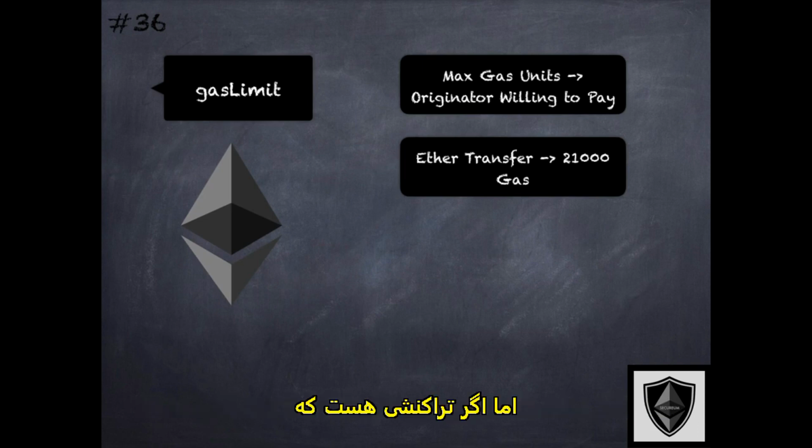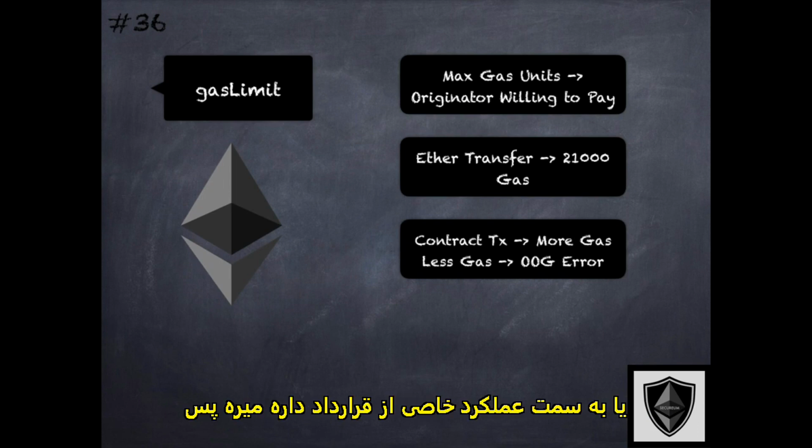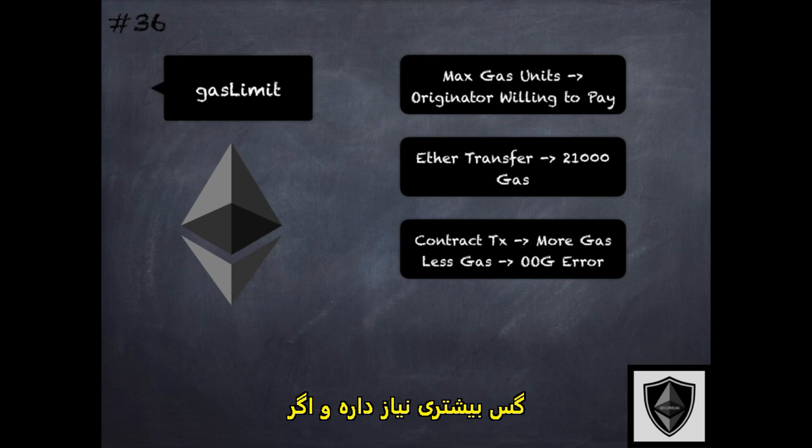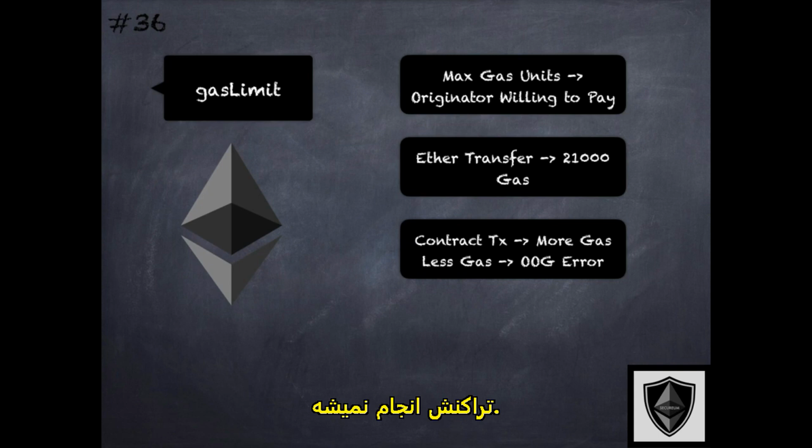But if it is a transaction that is targeting a particular function of a contract, then that requires more gas. And if sufficient gas in the form of gas limit is not set for the transaction, if less than what is required is sent as part of the transaction, then it results in what is known as an out of gas error or exception, and that transaction fails.